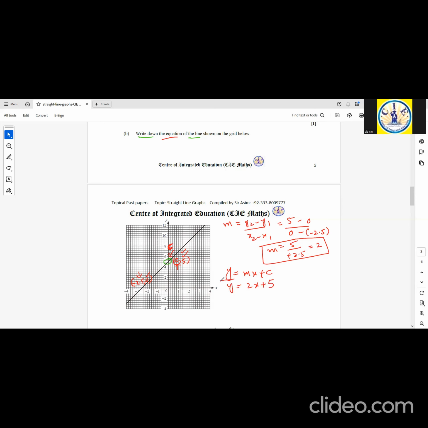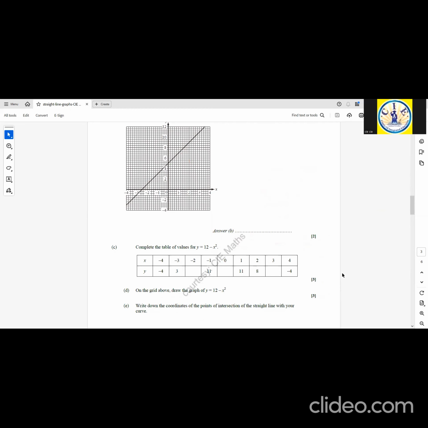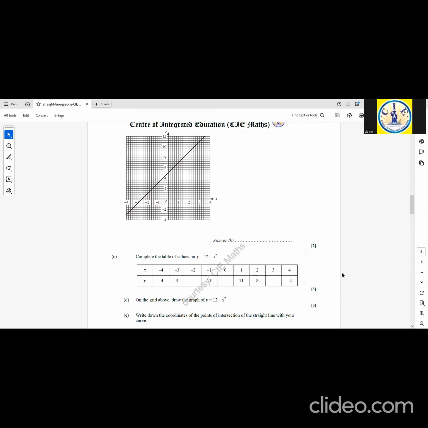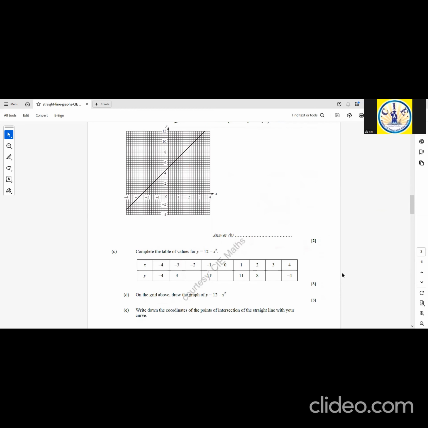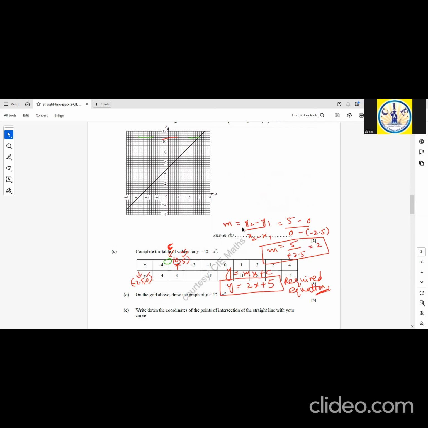So the equation of the line is 2x plus 5.